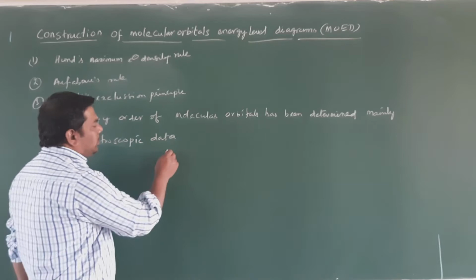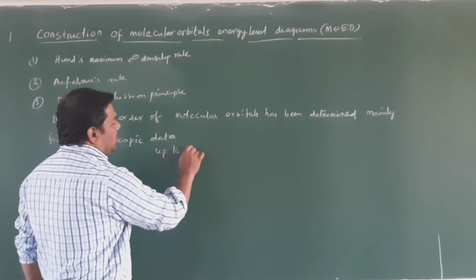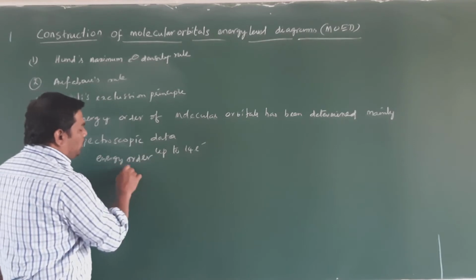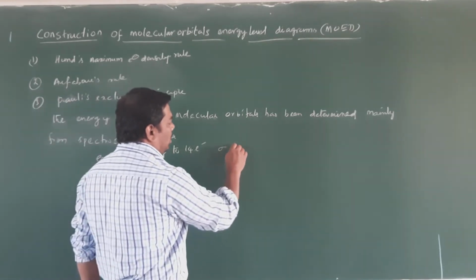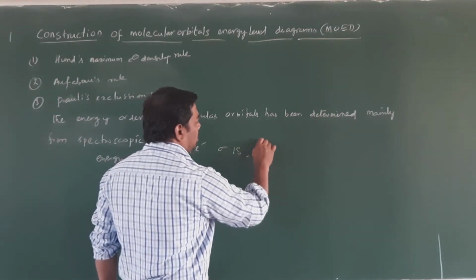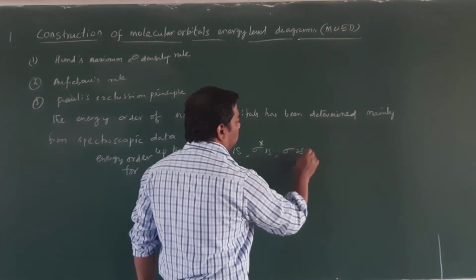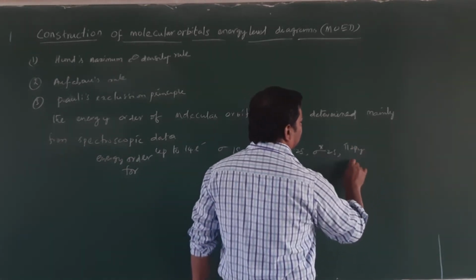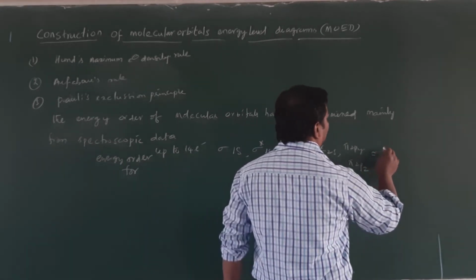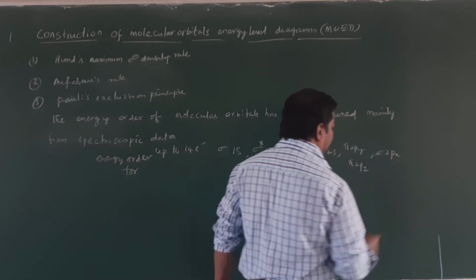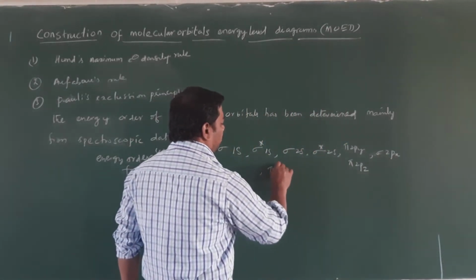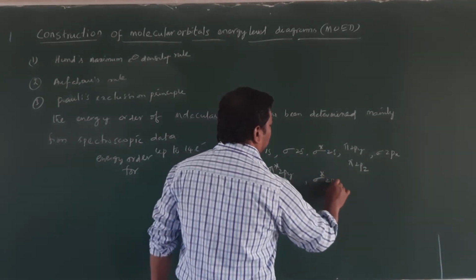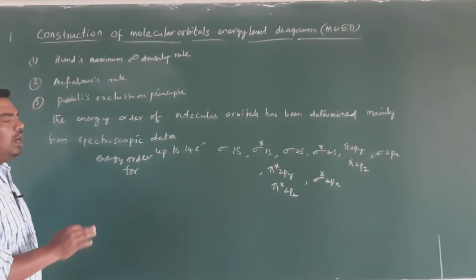The energy order for up to a 14 electron system is: sigma 1s, sigma star 1s, sigma 2s, sigma star 2s, pi 2py, pi 2pz, which are equal in energy to sigma 2px, then pi star 2py, pi star 2pz, and sigma star 2px. So this is the energy order for up to a 14 electron system.